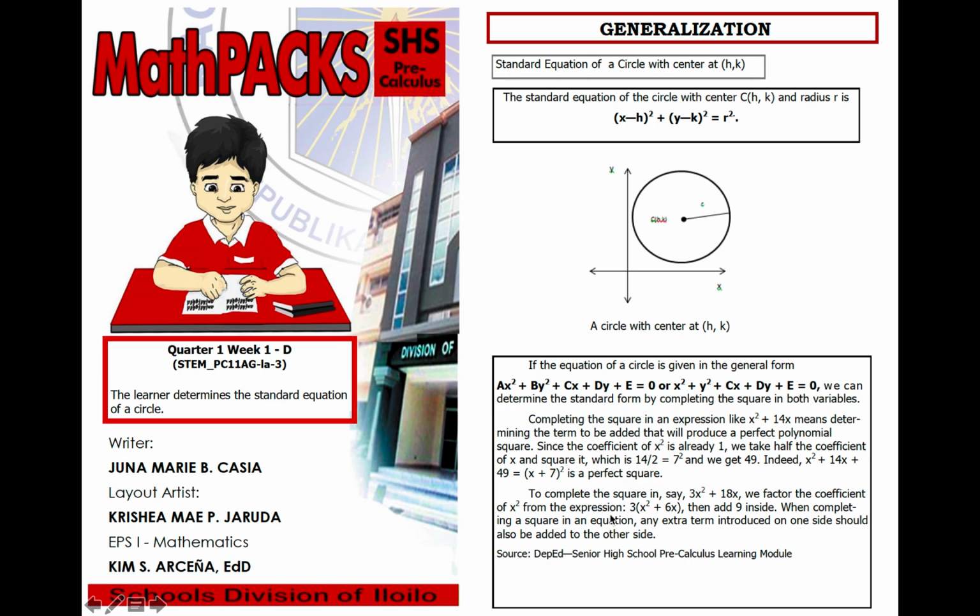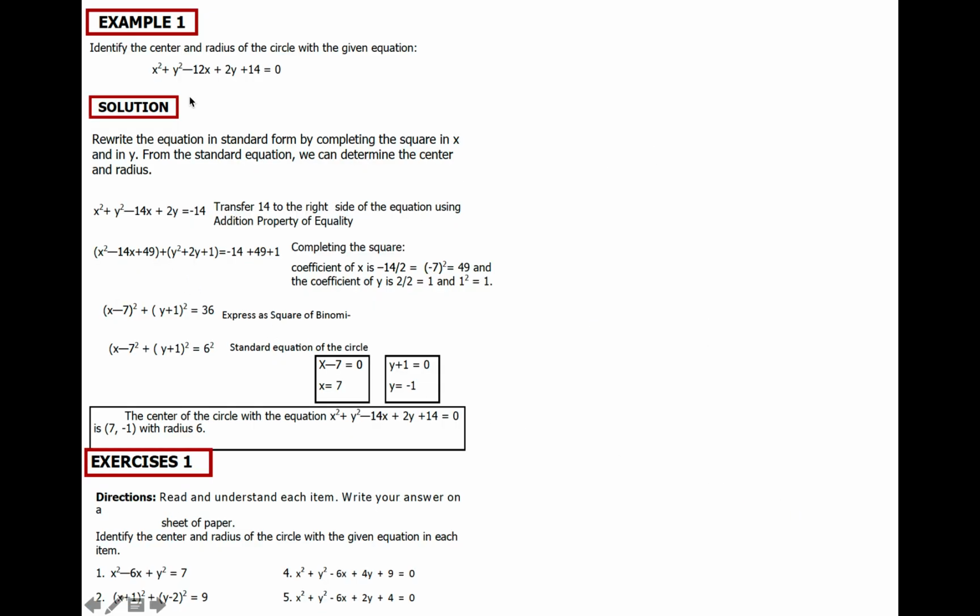All right? Okay, so that was a little introduction to how this concept will be used later in solving problems pertaining to the general form and standard form of circles. All right, let's have an example. So this is an example of a general form of a circle, the general equation of a circle, if you have the standard form.